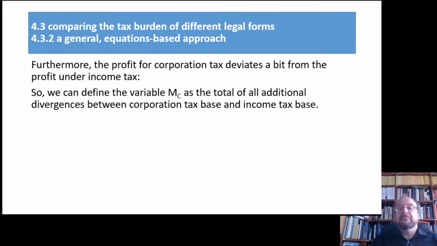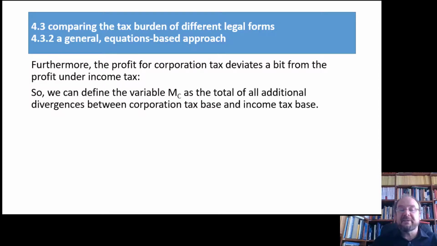Furthermore, it just depends on your motivation and what you want to analyze. It might be that you want to find out the impact which a wage for the manager has on the total tax burden if you can pay it. So then you would probably say, okay, we redefine the profit as the profit which we would have under income tax minus the wage for the manager who is a shareholder.